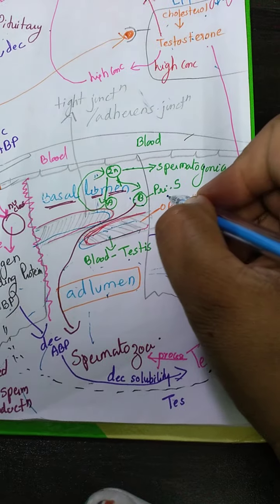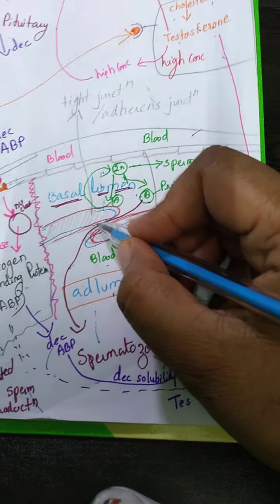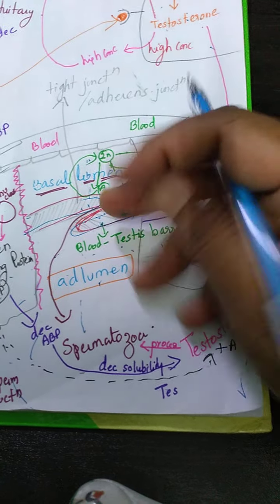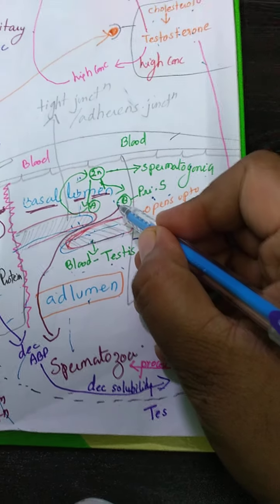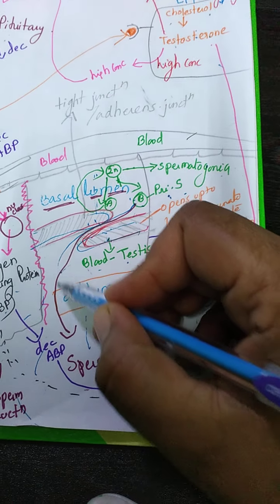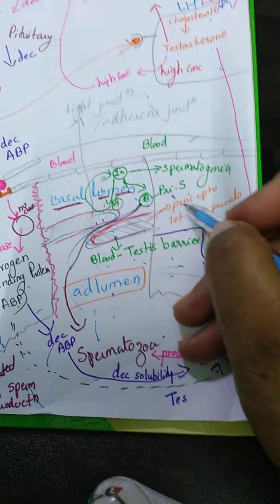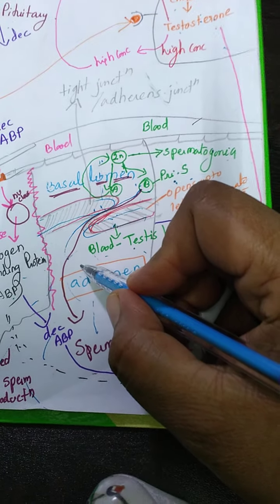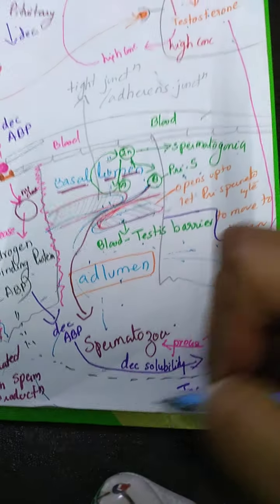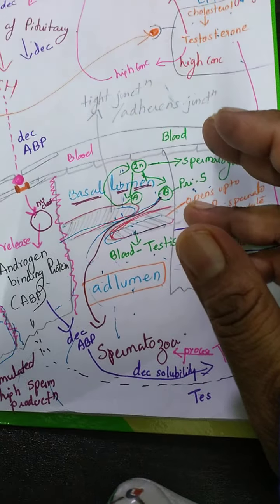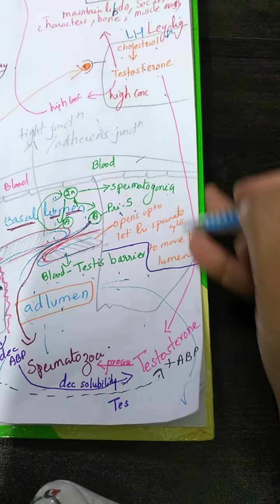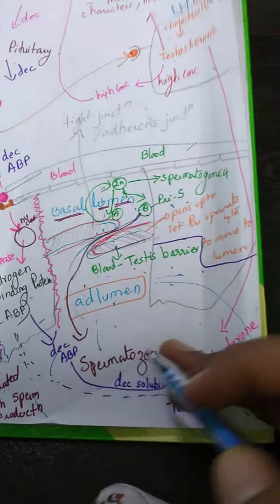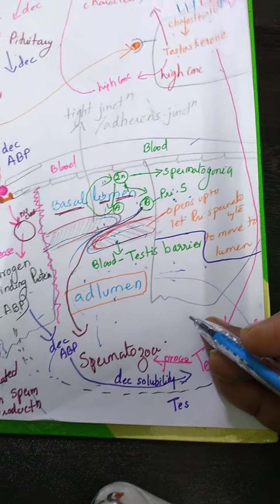When a primary spermatocyte is formed, this tight junction, the barrier, opens up and lets the primary spermatocyte enter the ad lumen, where it will convert itself into secondary spermatocyte, spermatid, and spermatozoa, all under the influence of testosterone. So the testosterone which enters will influence their growth and development.